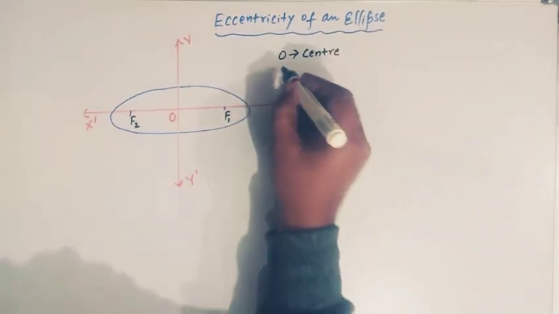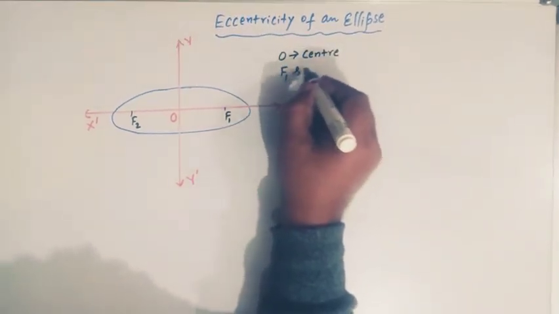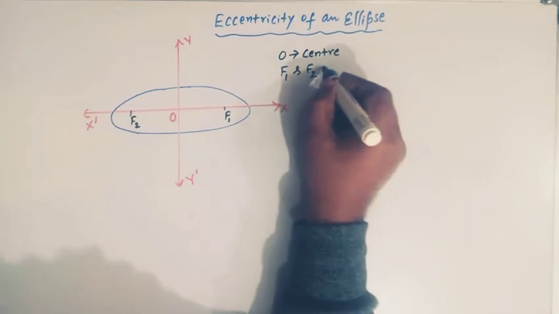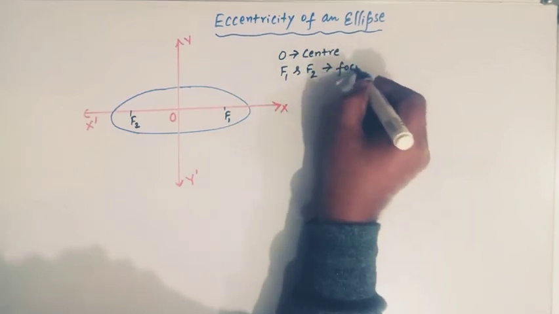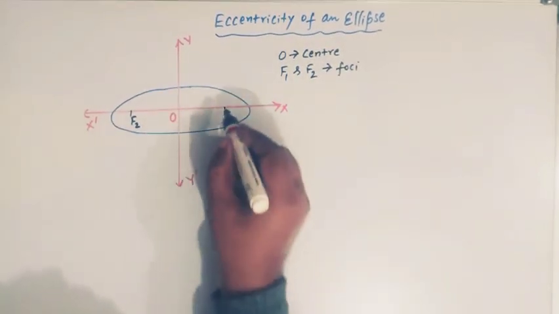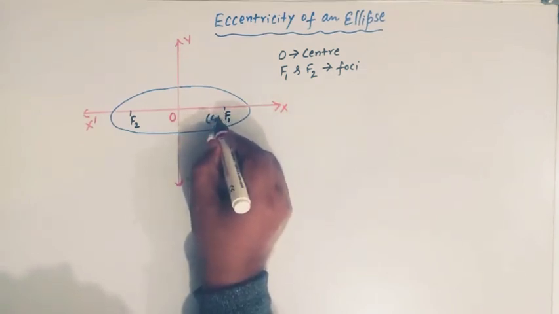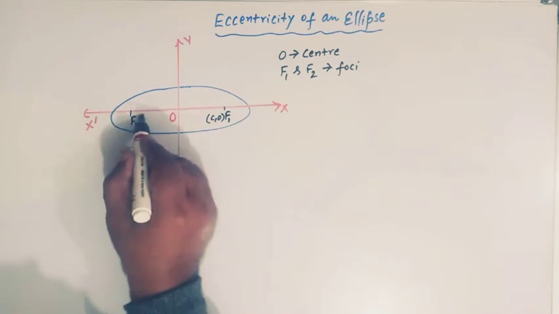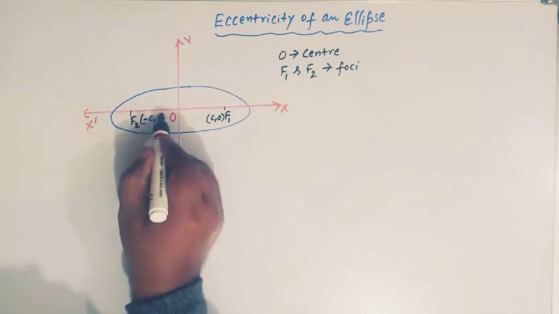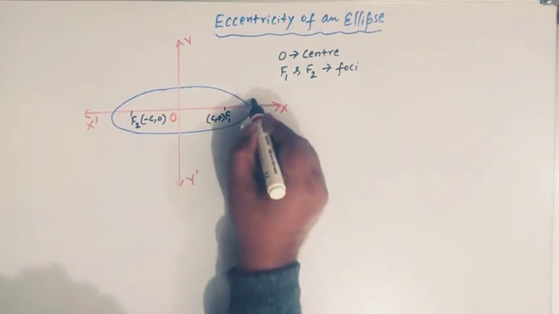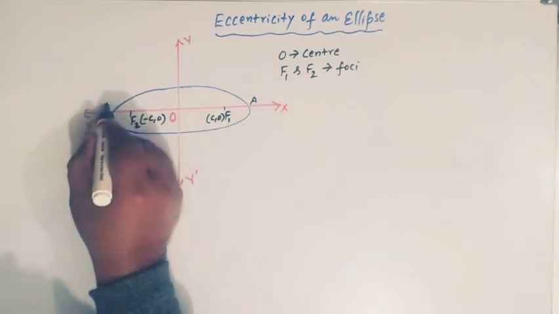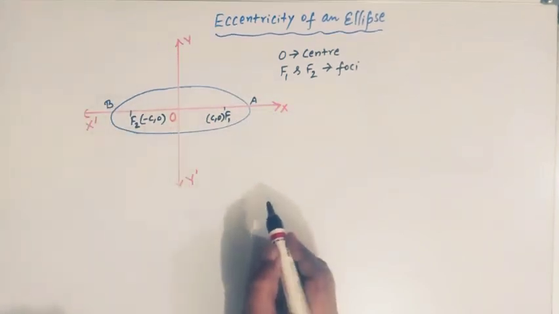Now F1 and F2 are the two foci of this ellipse, and F1 has coordinates (c, 0), F2 has coordinates (-c, 0), and here we have a point A and a point B, right?